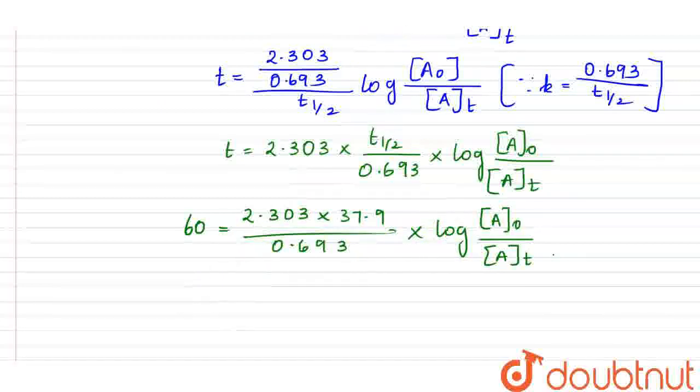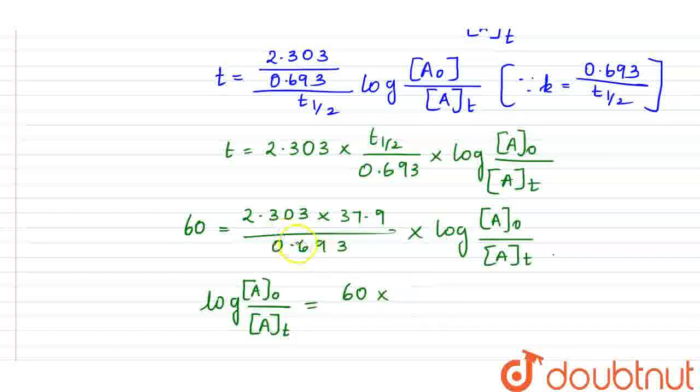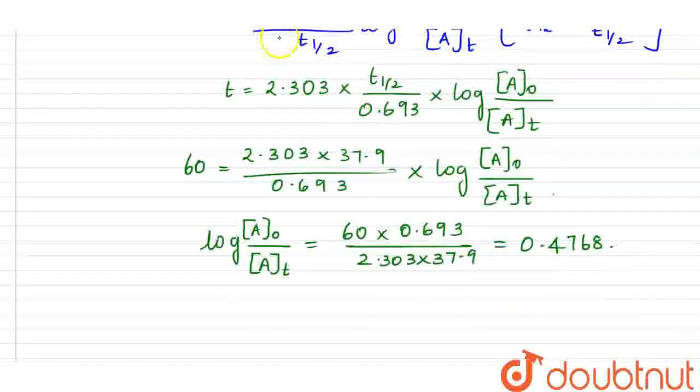Now we have to take this log. So log of A0 divided by AT will be equal to 60 into 0.693 divided by 2.303 into 37.9. When we simplify this, we will get 0.4768.